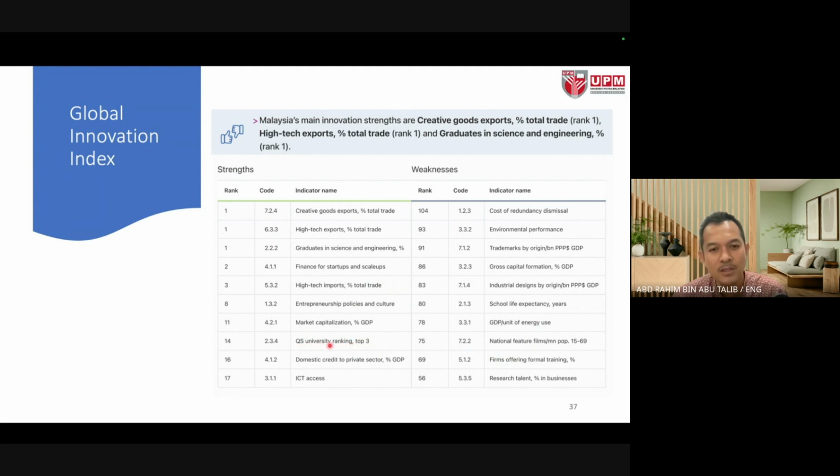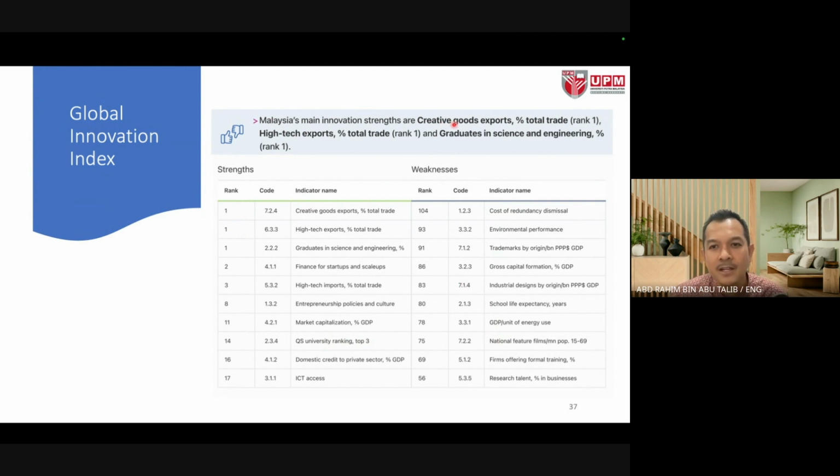We are contributing to this mark as a strength for Malaysia, as well as University Kebangsaan Malaysia, the 3 top universities for Malaysia in terms of innovation. You should be proud you are University Putra Malaysia students. And these are the weaknesses that need to be pushed further in order for Malaysia to move forward.